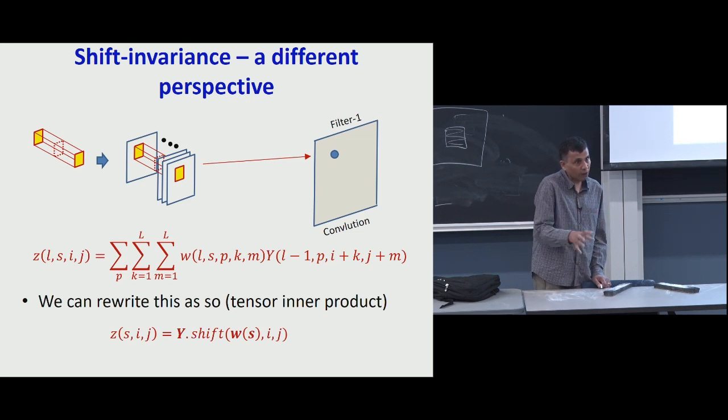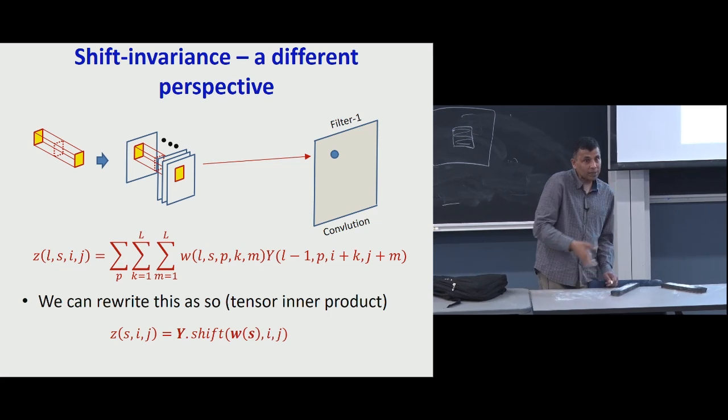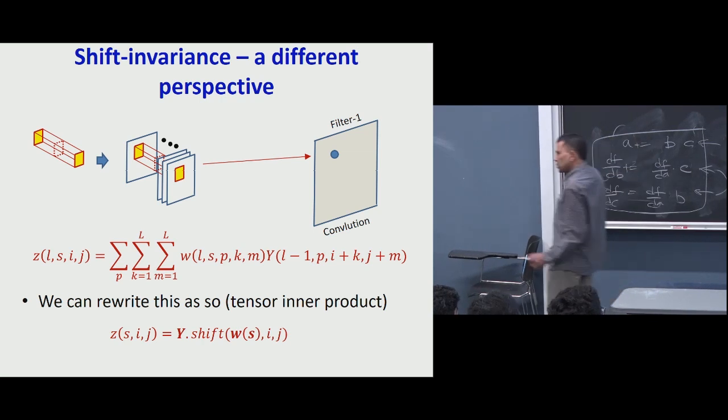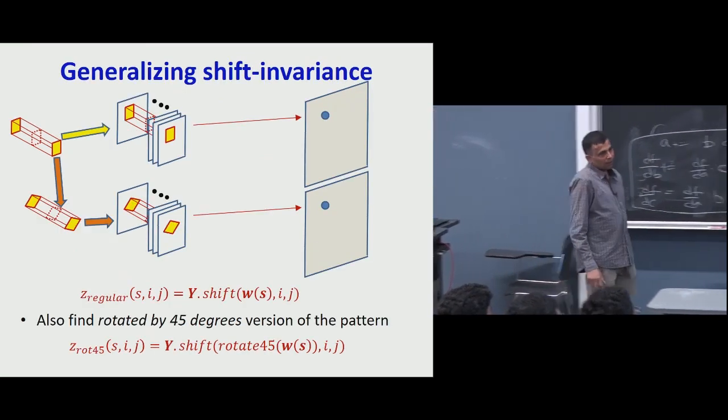It's like scanning for a flower, right? If I want to find a bigger flower, what did I do? Increase the size of the flower pattern that I'm looking at, right? I can take my filter, I can expand it in size and rescan. Suppose I want to find a rotated flower, what would I do? I take my flower and rotate it. I can rotate my filter.